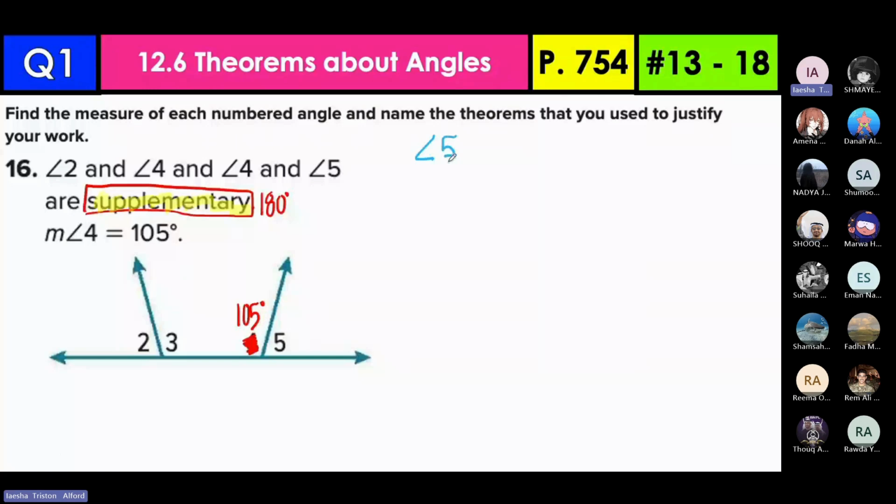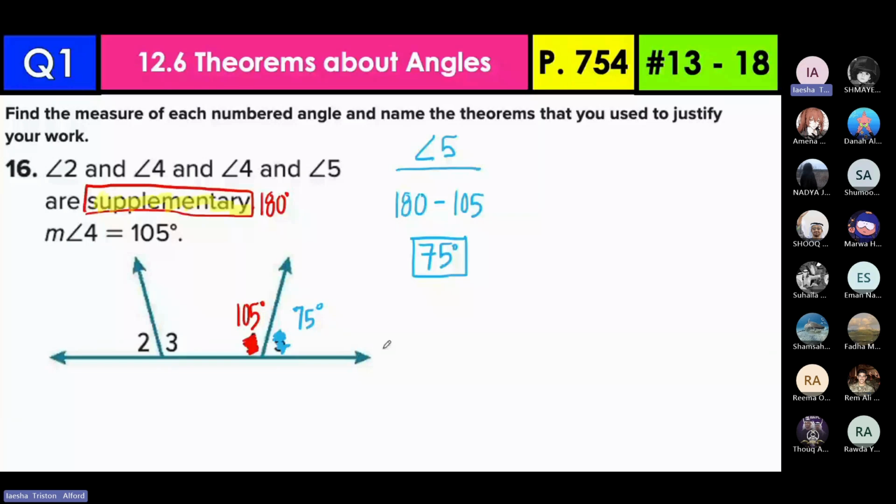So this is not a writing question, so we can take the shortcut. 180 subtract 105 gives you 75 degrees. So this one, we can delete it, and we can also put here 75 degrees.